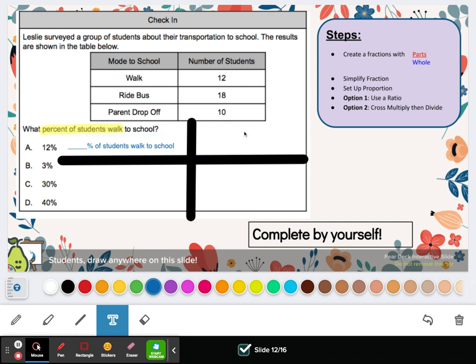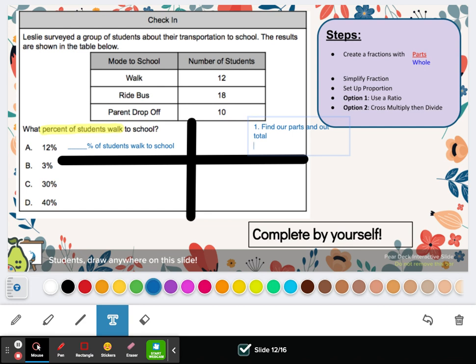So now, right here, we need to list out our steps. Our step 1 was to find our parts and our total.